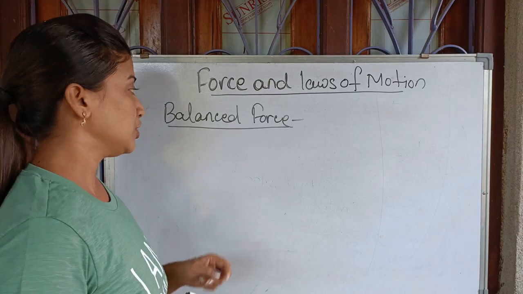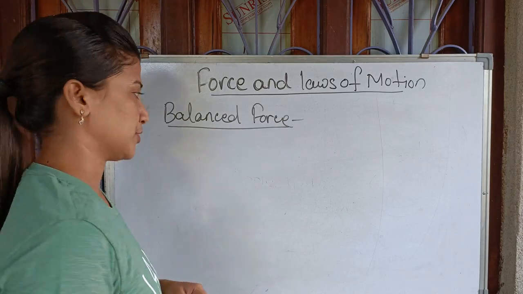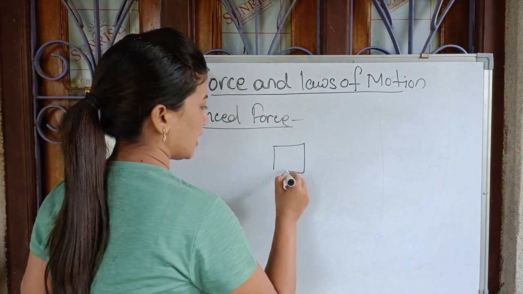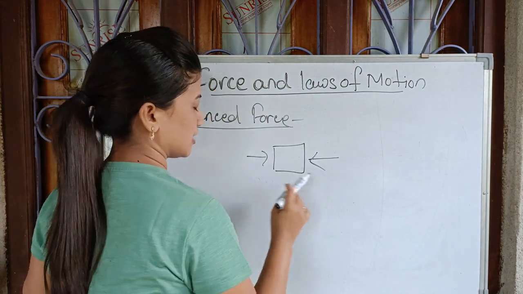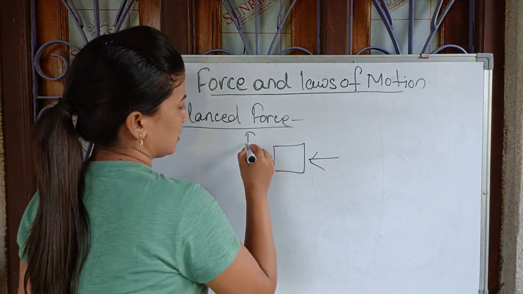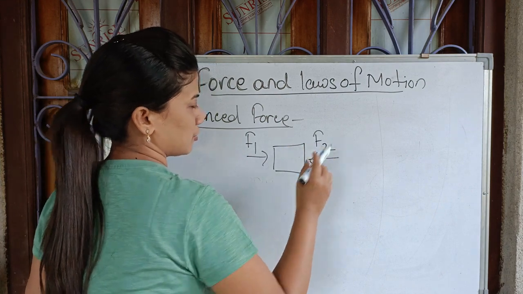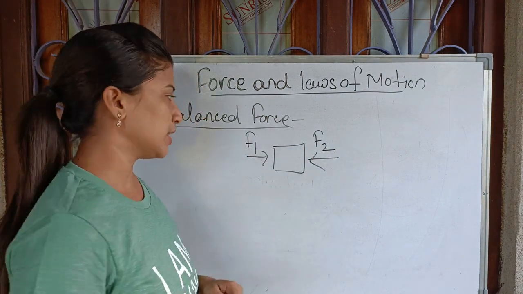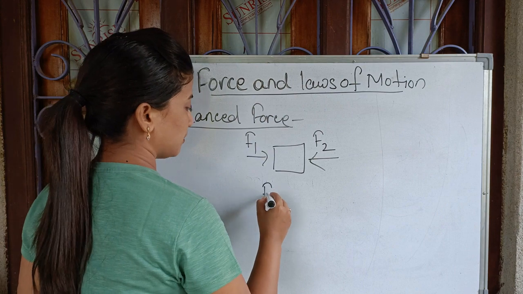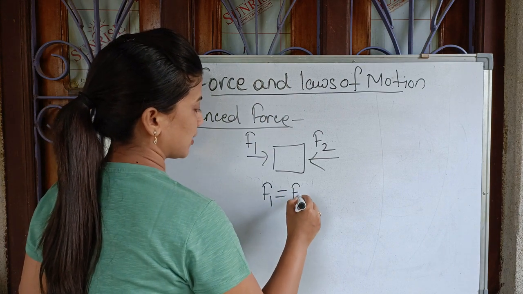The balanced force. We need to understand what is meant by balanced force. If there is a body and the body is having 2 forces, just imagine this is F1 and this is F2. Means 2 forces are acting on a body, but the amount of force, that is F1, is equal to F2.